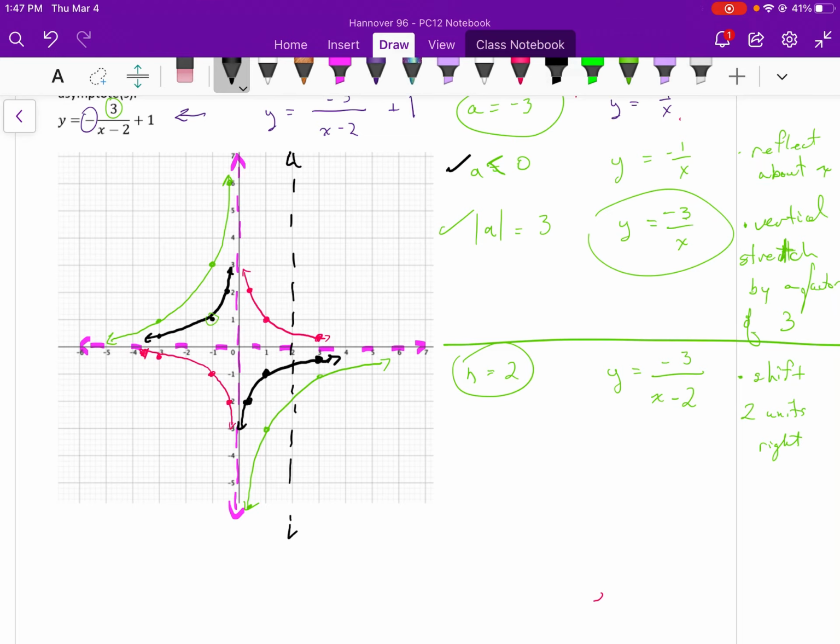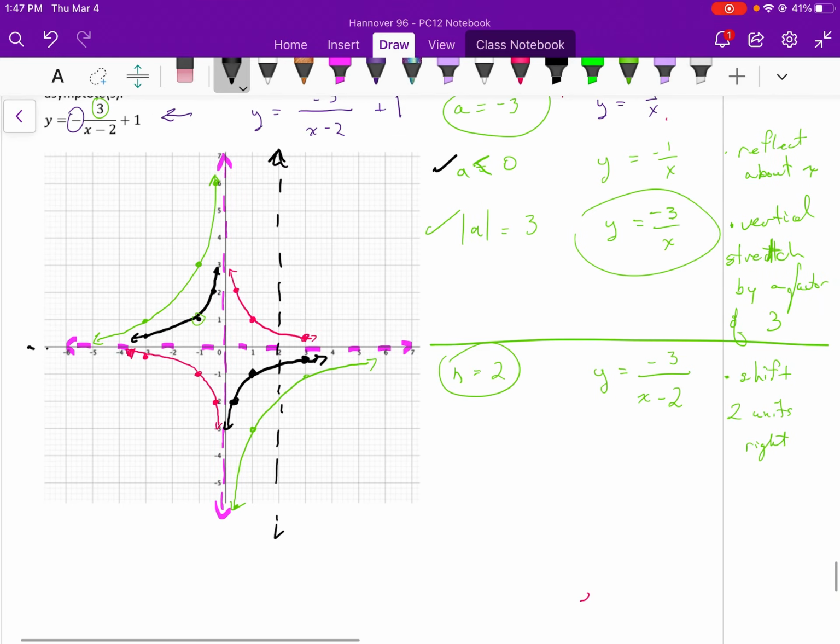Now, I don't really love doing rational functions and transformations because there are cleaner ways of doing it, and that would be just graphing it. But regardless, I'm taking this point, I'm moving it 2 units over to the right, taking this point here, moving it 2 units over, so it's going to be right there. Let's try that again.